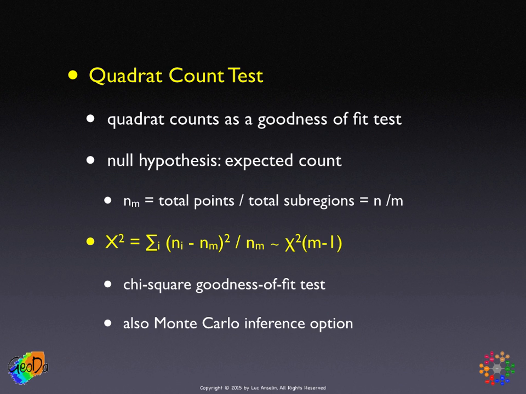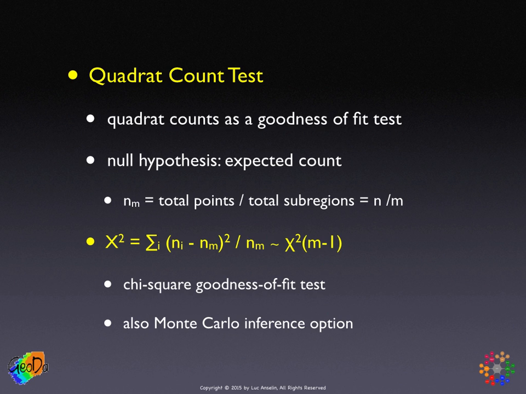And this gives us what, under a null hypothesis of constant intensity, we could expect the count to be in each of the cells. So then in the classic chi-squared approach, we take in the numerator the sum of squared deviations of the actual observed counts in each cell minus the expected counts, and we divide that by the average expected.